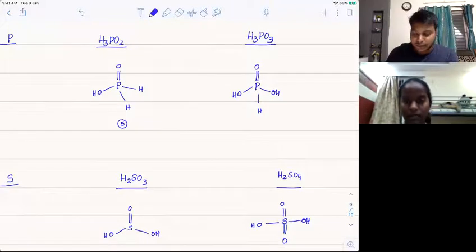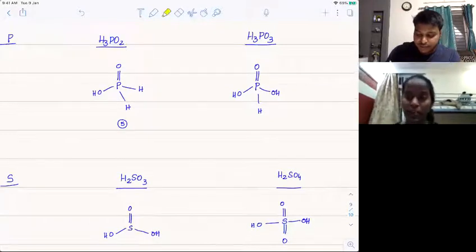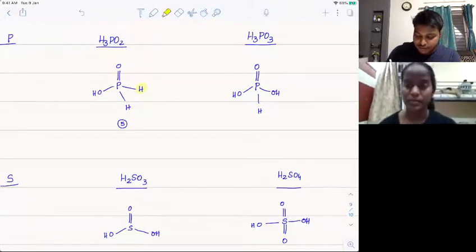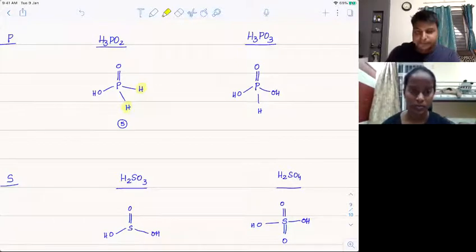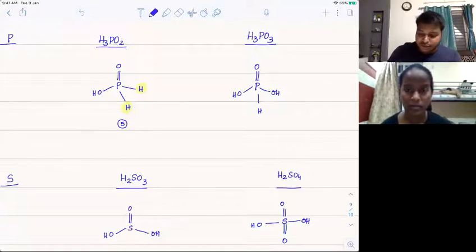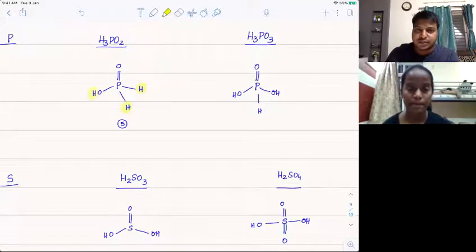But out of these valencies, these two hydrogens which are coming, they are actually not helping as acid hydrogens, because the definition is that the hydrogen should not be directly connected; it should be connected via oxygen.